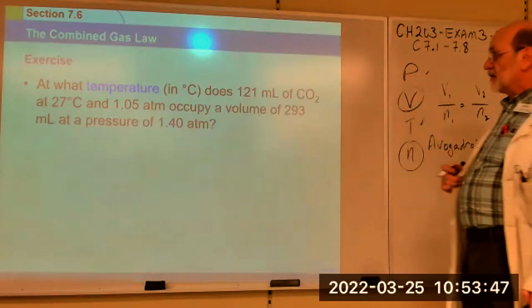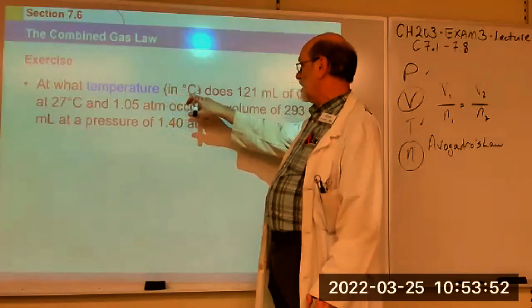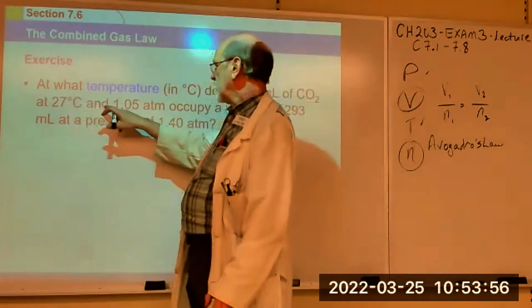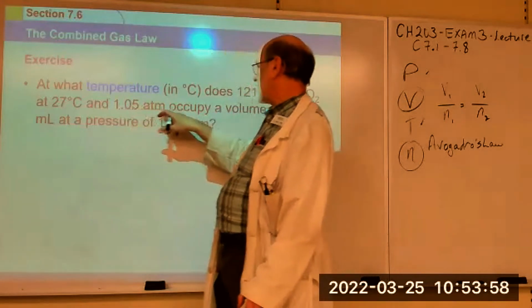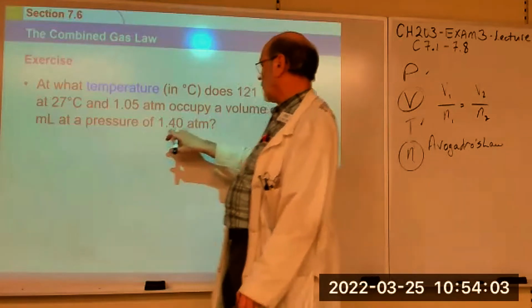Okay, so here we have a situation where at what temperature does 121 milliliters of CO2 at 27 degrees and 1.05 atmospheres occupy a volume of 293 milliliters at a pressure of 1.4?